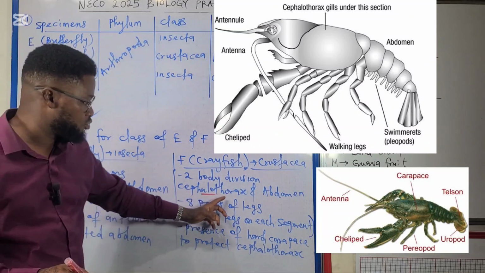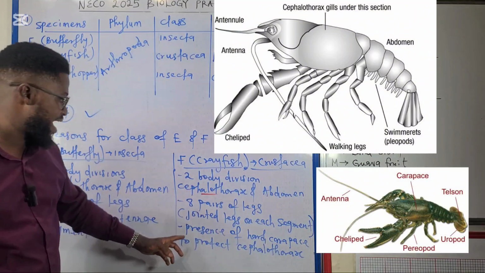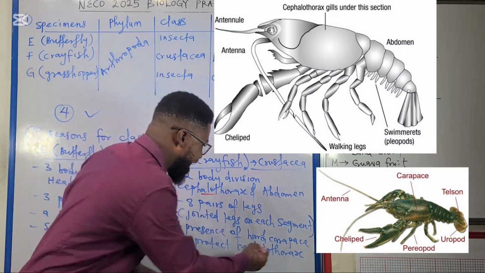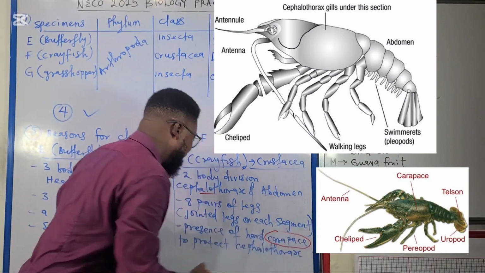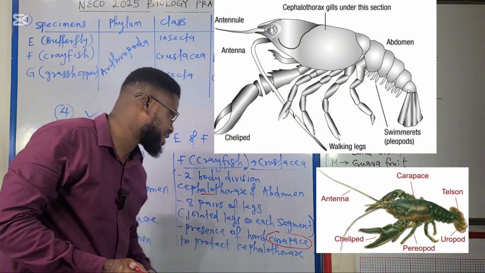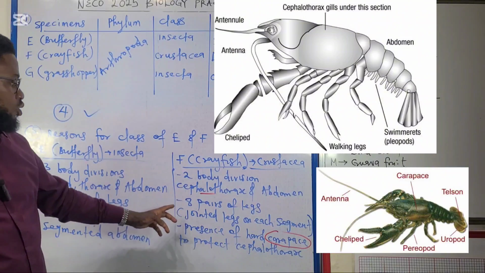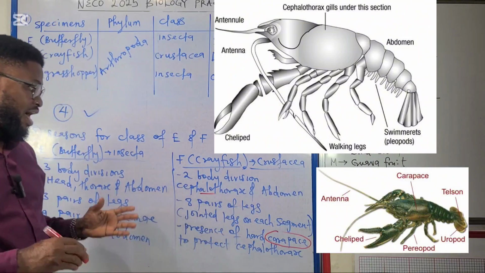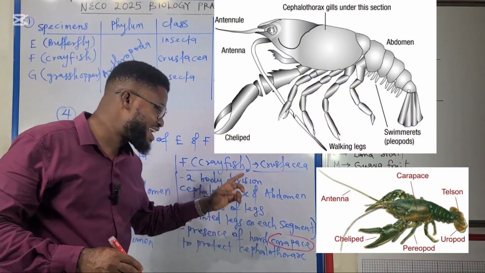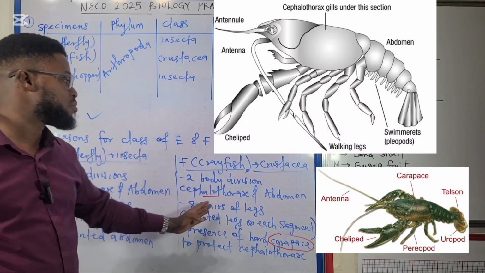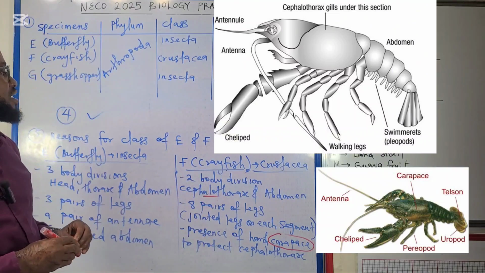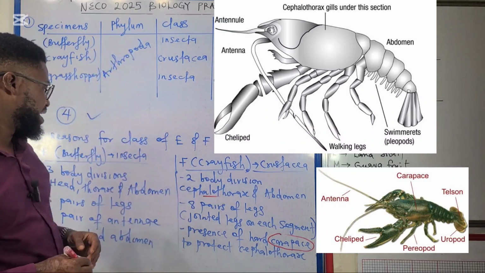That cephalothorax is protected by a hard carapace. Also, it has 8 pairs of jointed legs, on each of the segments. That's so many legs. That is why we are putting it into the class Crustacea.